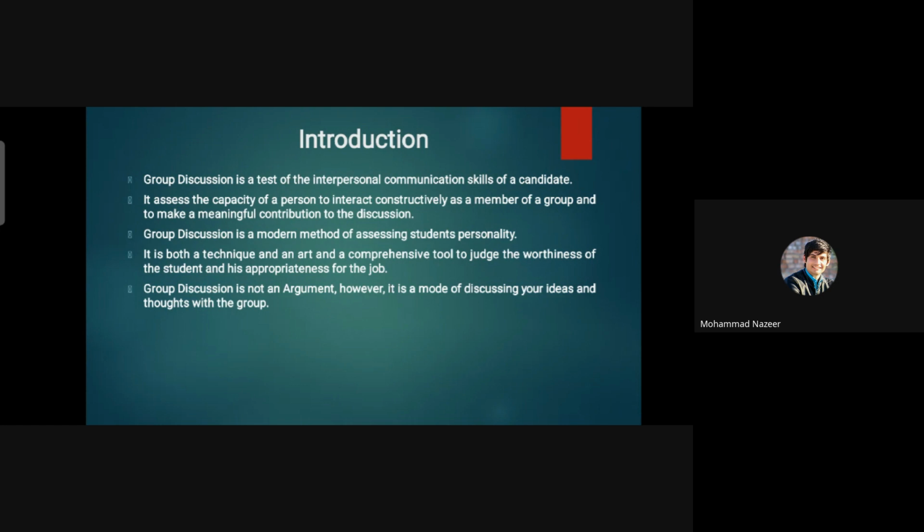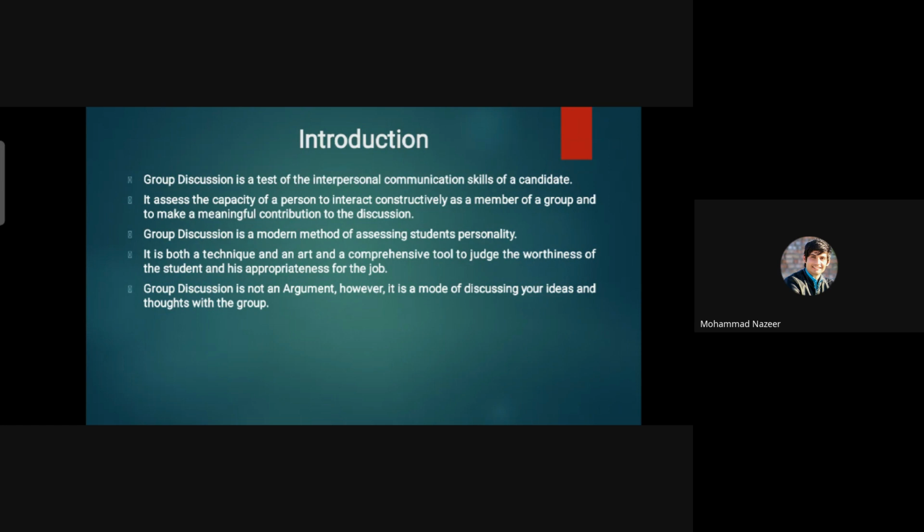Before an interview, some companies may go for a group discussion in order to shortlist certain candidates. Whenever they hold a group discussion, they will give you a random topic, and on that topic you have to focus on a few points.